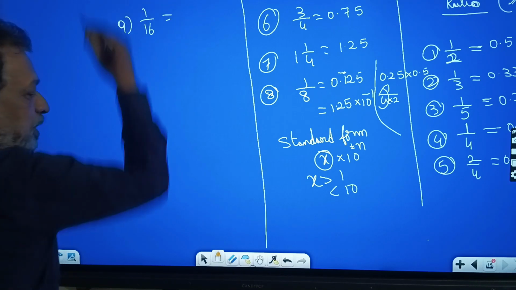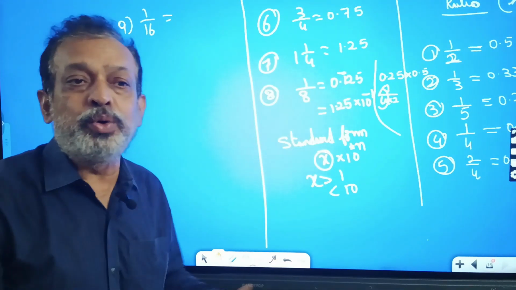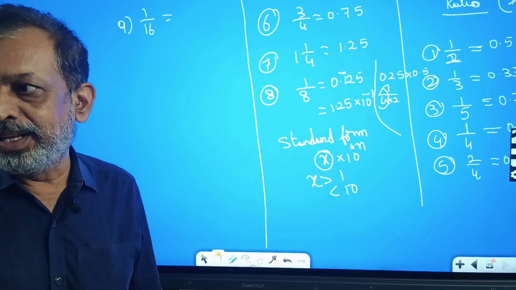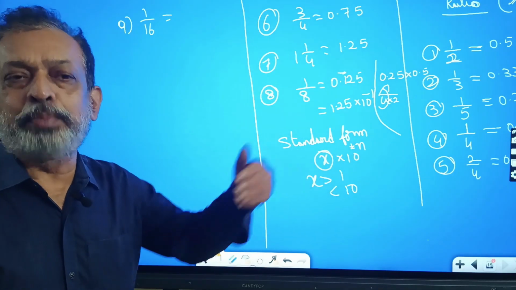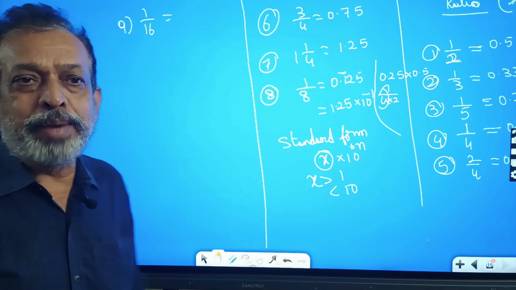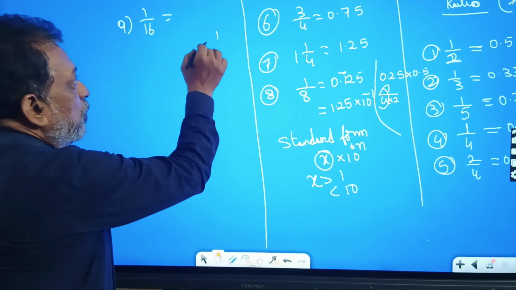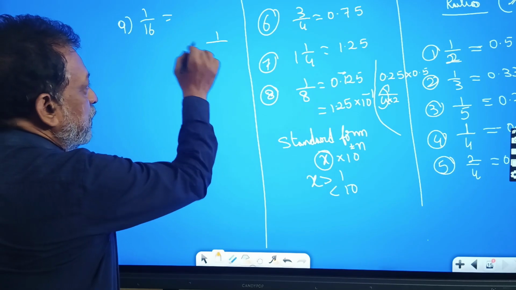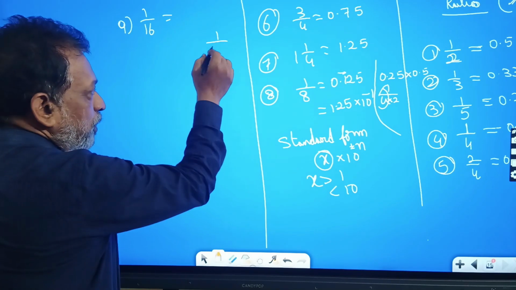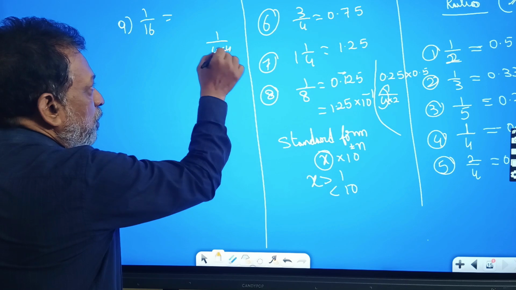If anybody gives the answer immediately, they are able to reach a good rank. So if any student is not able to get it, please try to learn the values. Deepika, do you know 1 by 16? 16 can be written as 4 into 4.